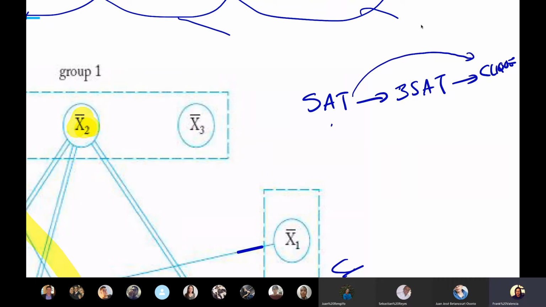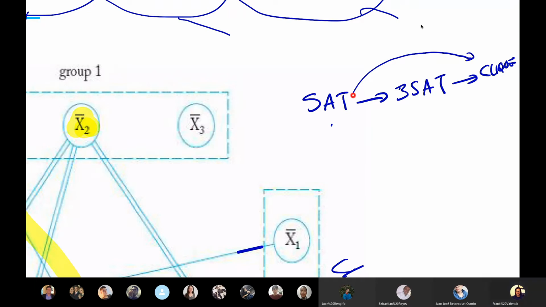If this is polynomial and this is polynomial, why is this one from here to here polynomial? Can someone tell me? Why is the reduction from SAT to clique polynomial? I'm assuming that this one is polynomial, this one is polynomial.